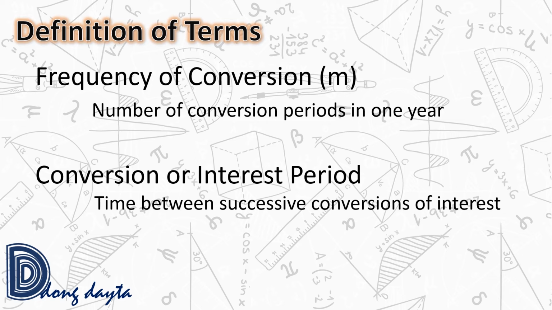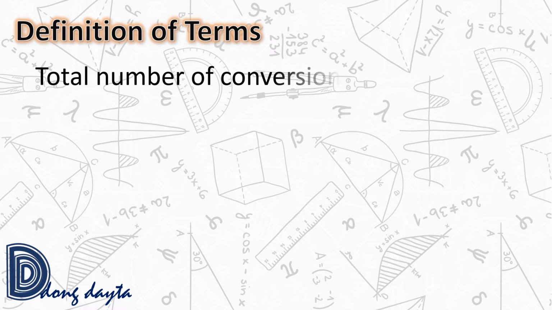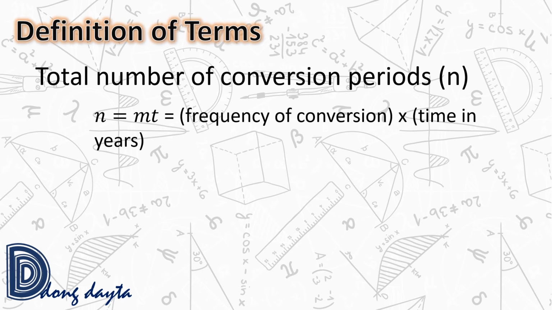This is the time between successive conversions of interest. Total number of conversion periods. In the computations, we're going to use the variable n. This is equal to the product m times t, where m is the frequency of conversion and t is the time in years.